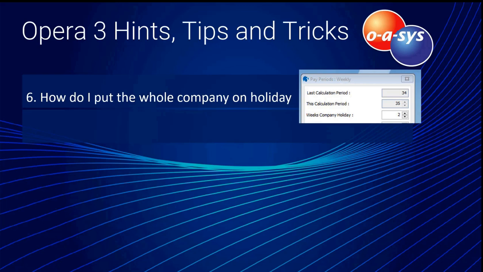If you have weekly payroll group, for example, you put the company on 2 weeks holiday, you run your calculation, it will move its calculation period on by 2, do the right thing with the tax and NI calculations and every holiday average reporting, and move it on so that when you're back in the office again and you do your calculation, you're at the right period and you don't have to catch up or do some kind of weird empty period in the meantime.